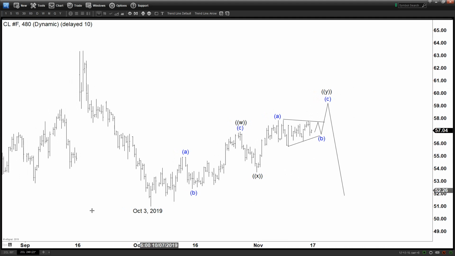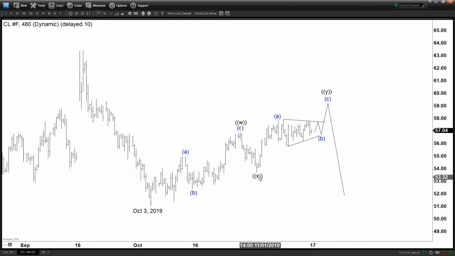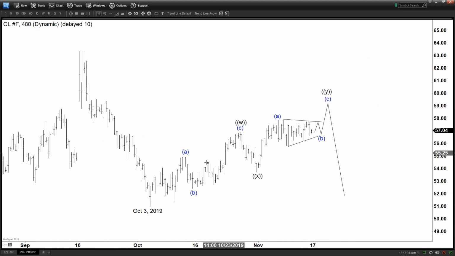So here we can see this is the A and B, and what looks like a sideways triangle here. This is X, and X in black, W in black here. If we look at it from the perspective of the move higher from October the 3rd, what do we have? We have what looks to be an overlapping corrective rally so far.